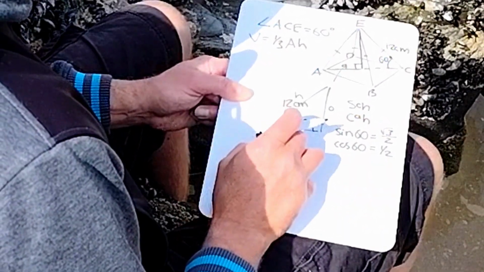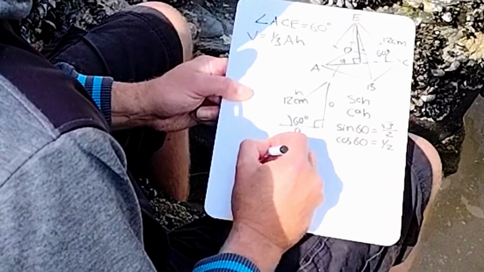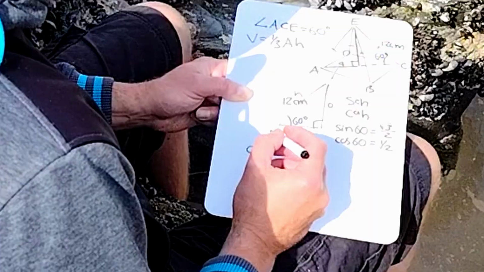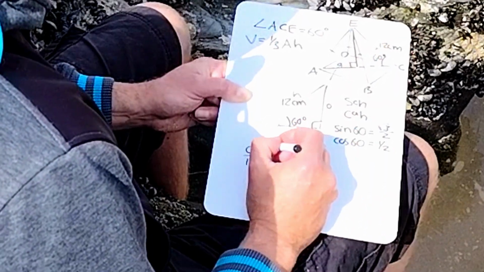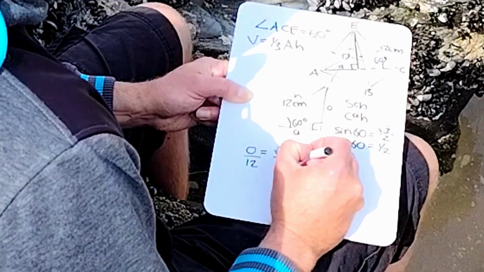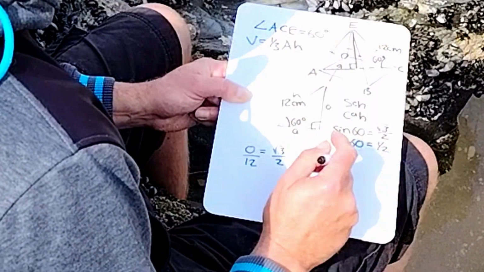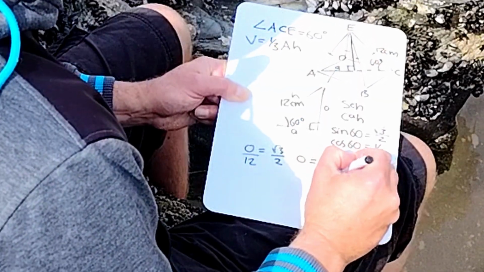And now I'm going to use my knowledge of trig to work out my O and A. So I know that O, the opposite, divided by the hypotenuse, 12, is going to be equal to sine 60, which is root 3 upon 2. So multiplying both sides by 12, I get 12 root 3 upon 2, or more simply, 6 root 3.